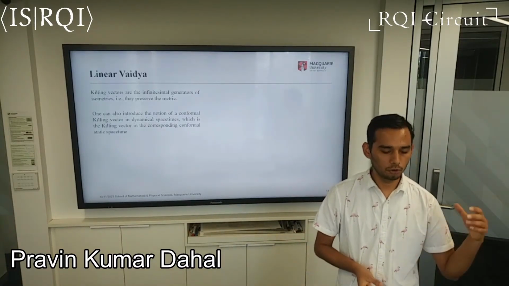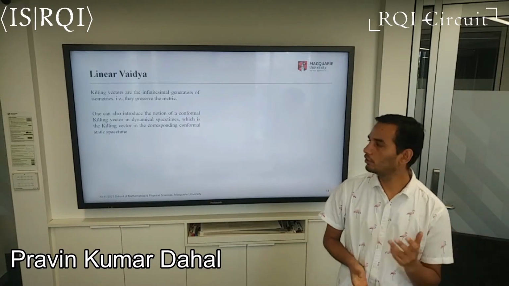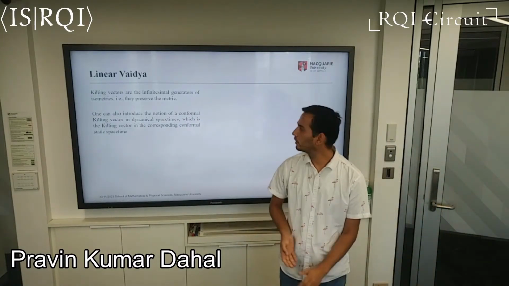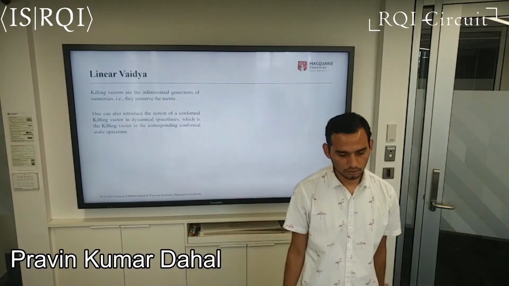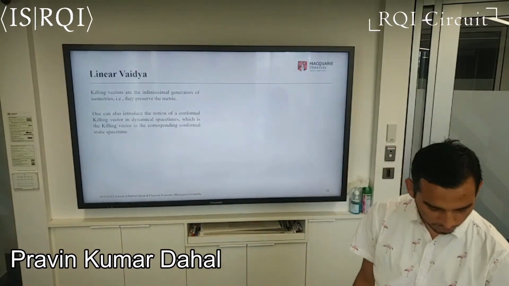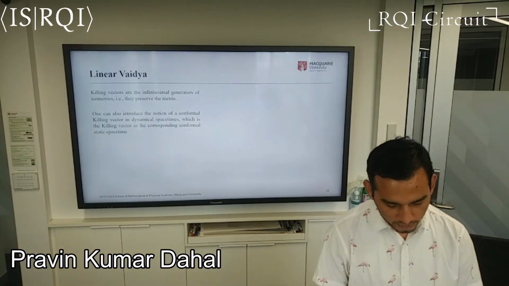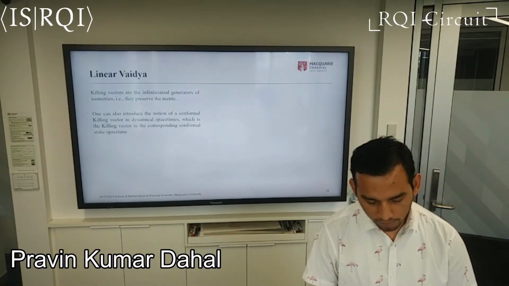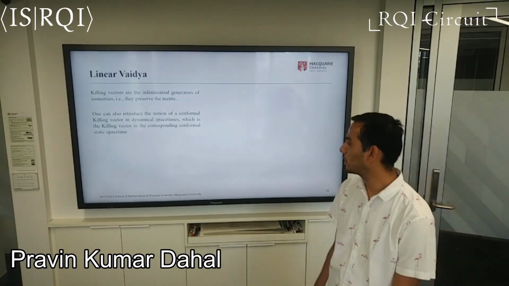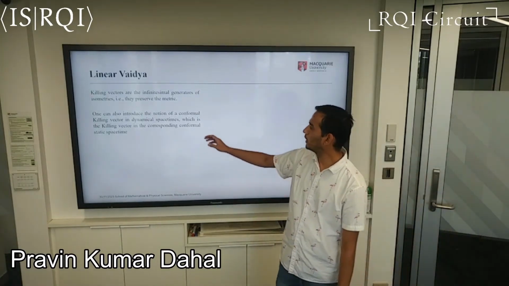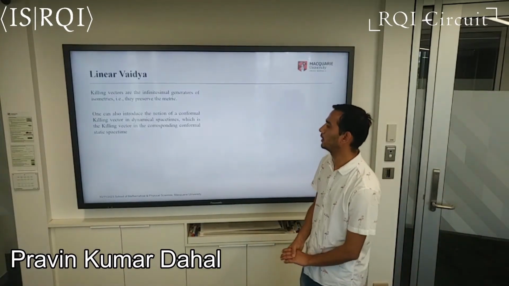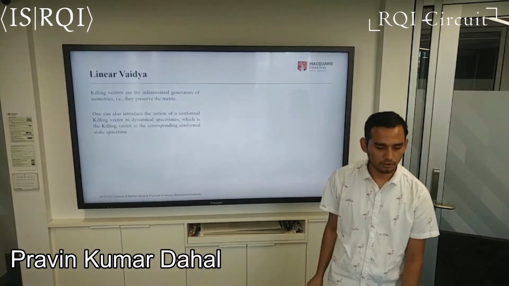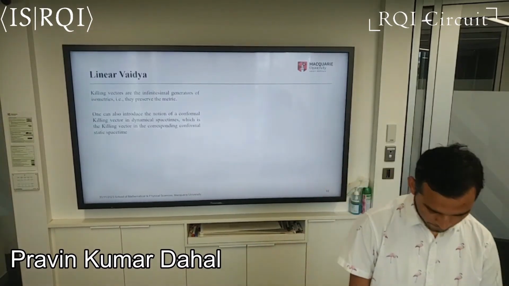So if we do any time translation, the metric doesn't change. So time translation is the Killing vector of a static metric. This example can be generalized. One can introduce the notion of conformal Killing vector in dynamical space-times based on the Killing vector in static space-times. That conformal Killing vector is basically the Killing vector of the corresponding conformally related static space-time.